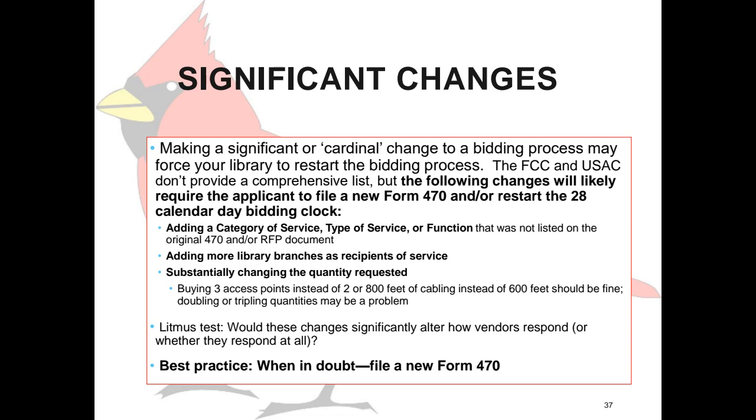It would be adding on another location, making a substantial change in the quantity of equipment or cabling you're requesting. So basically, if a vendor might have responded differently knowing that information, that's considered a significant change, and that would restart your 28 calendar day competitive bidding clock.